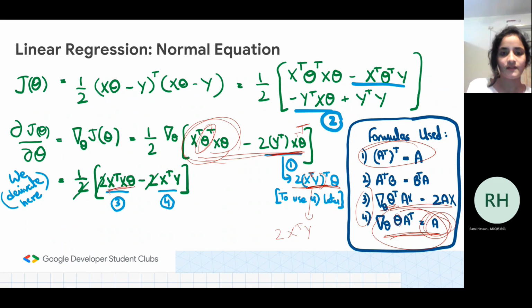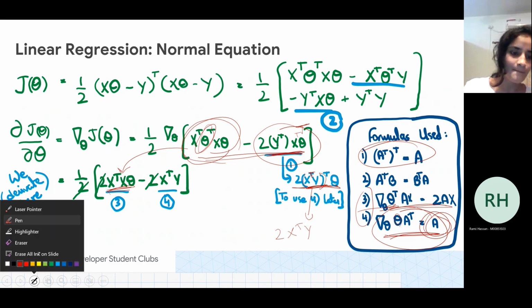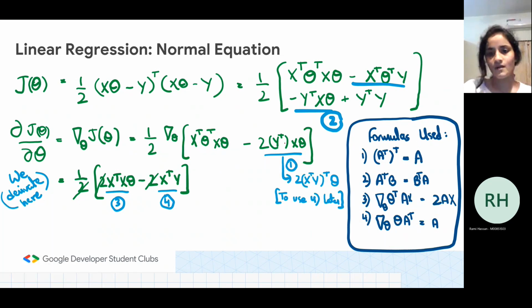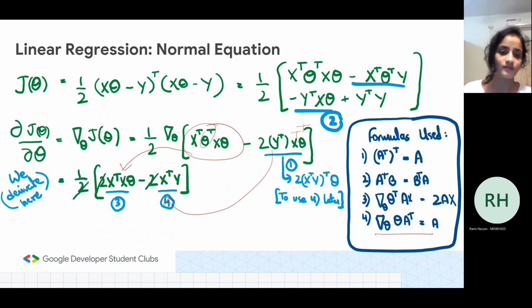Okay, this turns into this because we use the third one. And then here, we apply this whole formula. We put a transpose on this, another transpose, and then we derive it according to number 4, and we get this term. Here, we have a theta transpose already, so we just directly apply it, and we get this term.